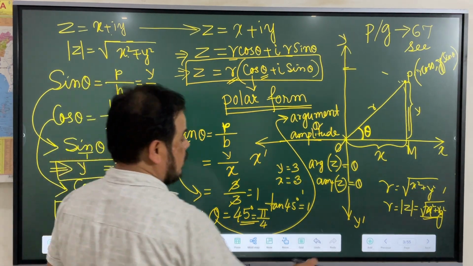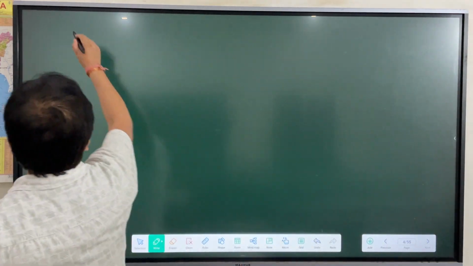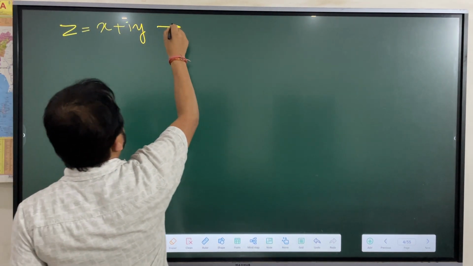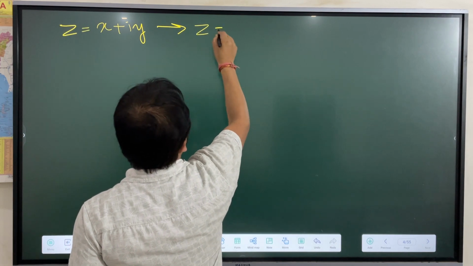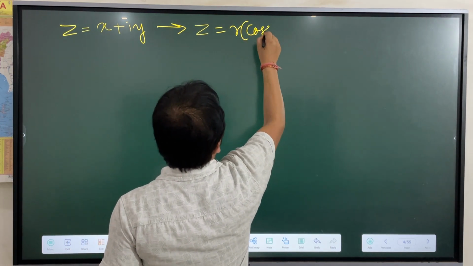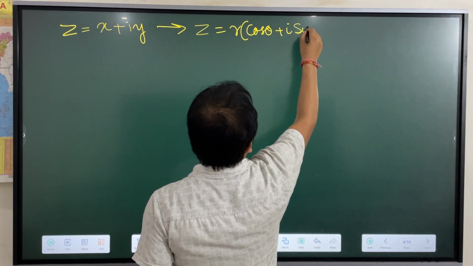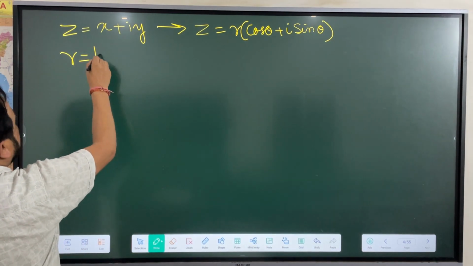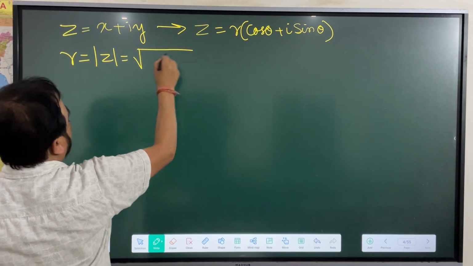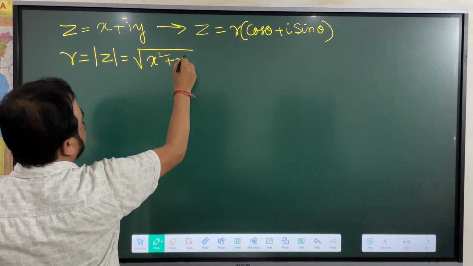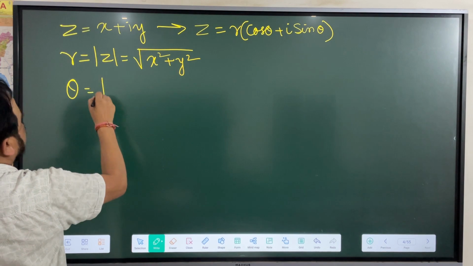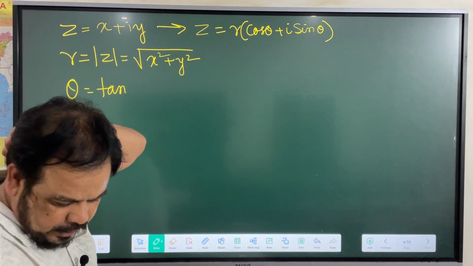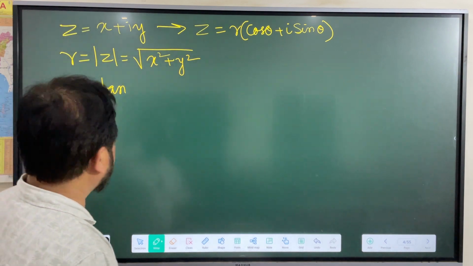So what we have got? z is equal to, suppose, x plus iy. In the polar form, z is equal to r (cos theta plus i sin theta). r is equal to mod of z, square root of, this one already you got. Theta is equal to tan, to find out theta, wait.